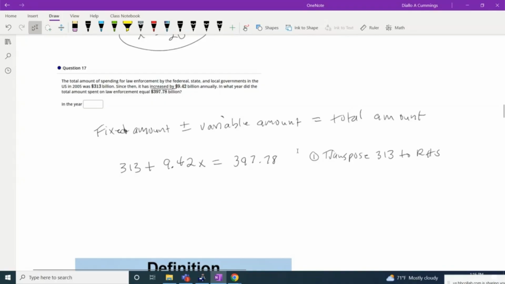All right, so I'm just simply going to move it across the equal sign and change its sign. So I'm going to bring down 9.42x. That's equal to, I'm going to bring down 397.78. And then on that right-hand side, it's going to be minus 313, because we transpose that positive 313 across the equal sign, and that changes its sign. All right, so now we're going to combine like terms.